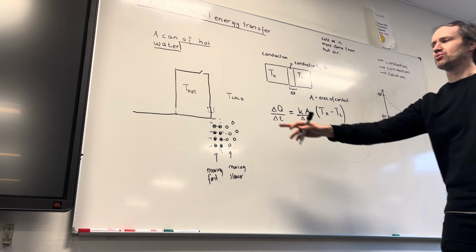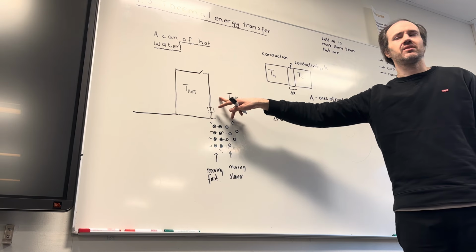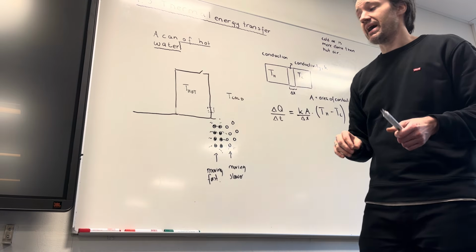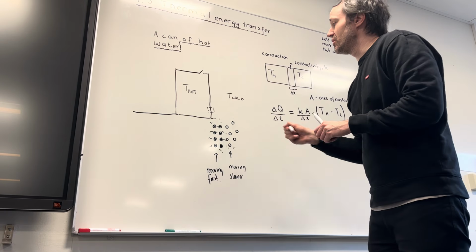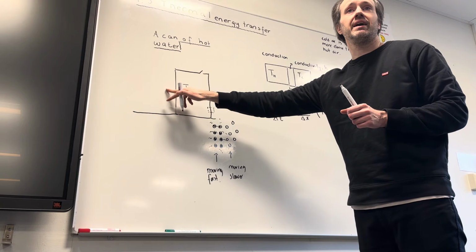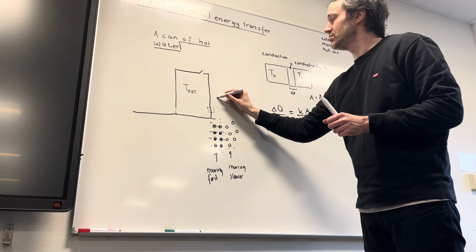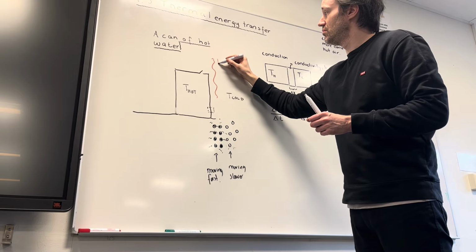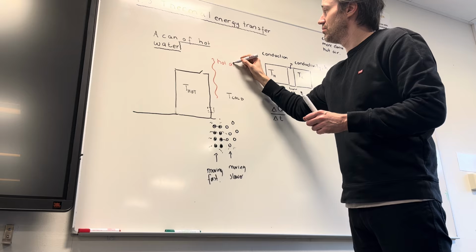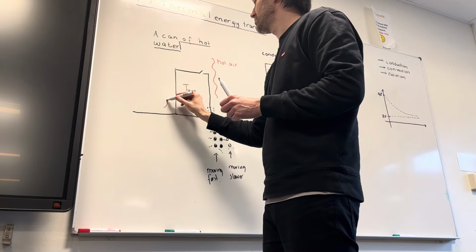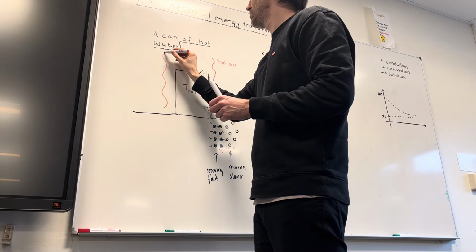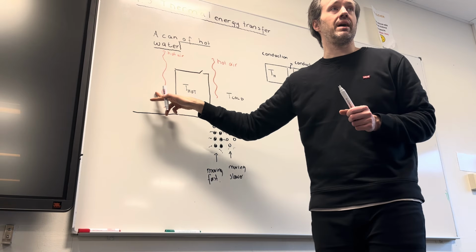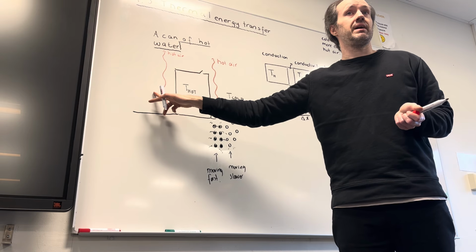All right, so what will happen to the warm air if it's less dense than the cold air? It will rise. So what will actually happen is that the hot air surrounding the can will start to rise, and it will be replaced by cold air.